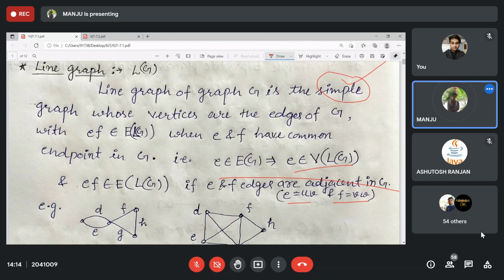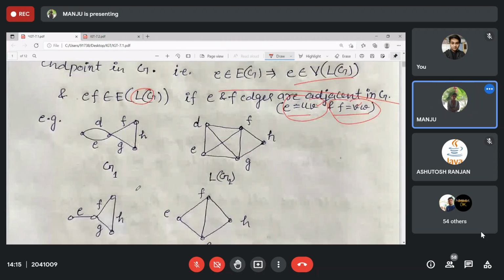And any two vertices in the line graph will be adjacent whenever you have adjacency over here, whenever you have a common point over here. So these are the line graph. For this graph, you have this line graph.